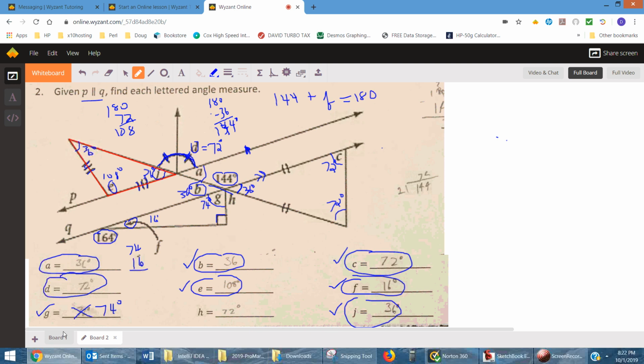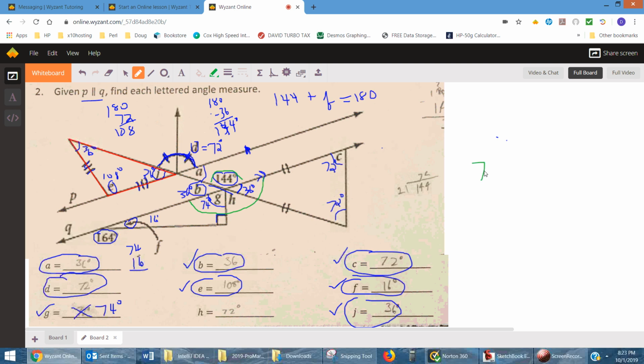We now know G. H is the last one to find. And it looks like this is the way to do it. By the way, there's other ways to do some of these angles. Like, for example, where angle D is here, that's a corresponding angle with this 144. So we could have found out this is 144 by using corresponding angles. But anyway, G plus H plus this 36 have to add up to 180 because they form a straight line.